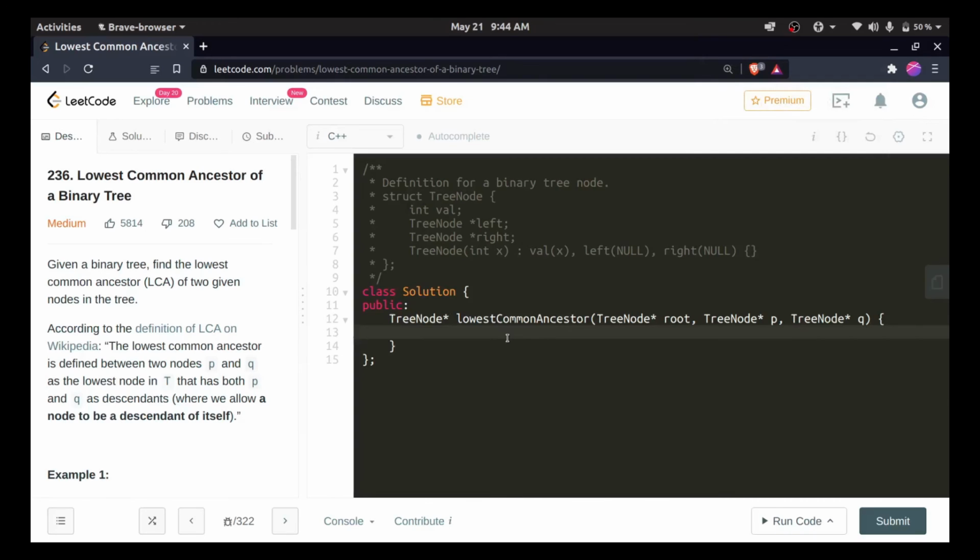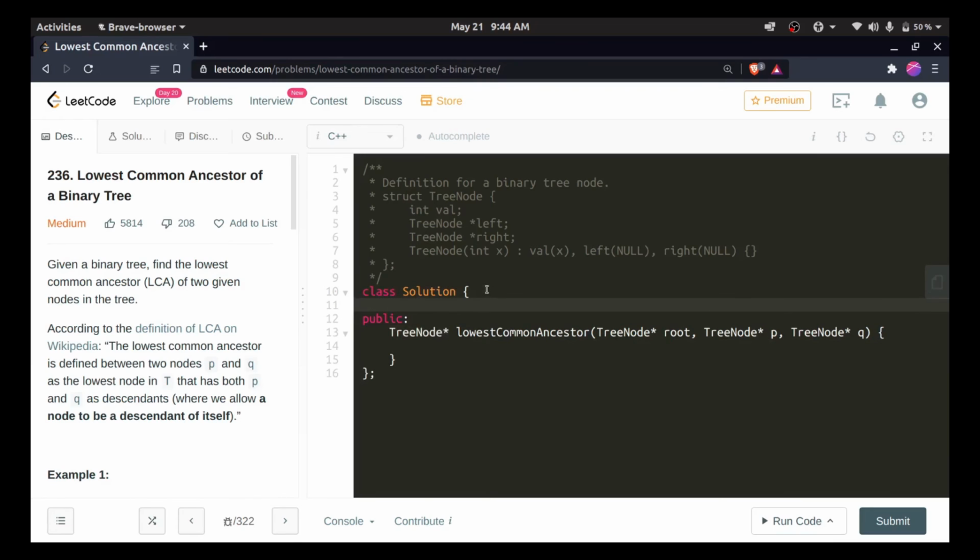Now let's look at the coding solution, which will be on Leetcode. I have this class, Solution, which will be called from Leetcode to verify the test cases, and I have this function lowestCommonAncestor, which should return the lowest common ancestor tree node. What I'll do is I'll have a global variable in the class, like self.lca, which will be equal to null, and I can access this variable in the helper function which I create.